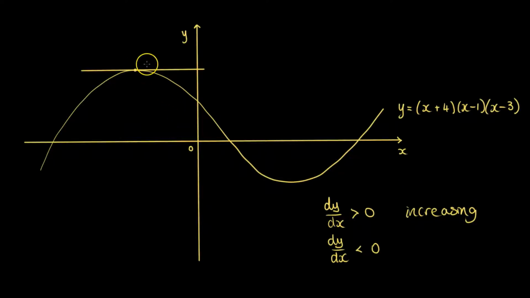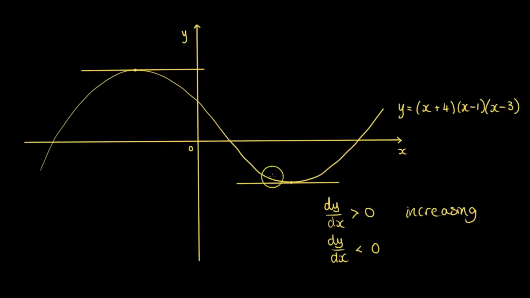And let's think about this section to the right of it now. Slightly to the right, at any point, my gradient is now sloping downwards. It's still sloping downwards until we get to here, where again the gradient is neither positive nor negative, it's flat, it's equal to 0.